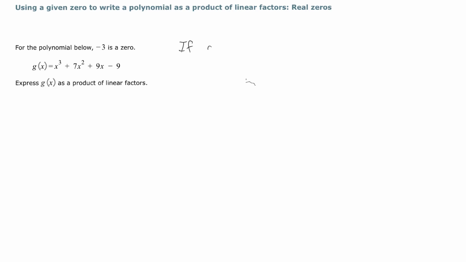if g of c for a polynomial evaluated at c equals 0, then x minus c is a linear factor.